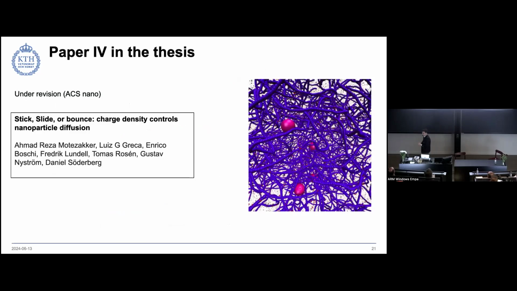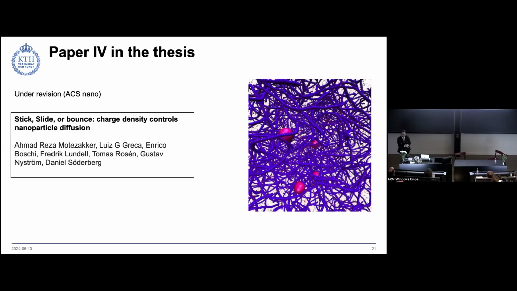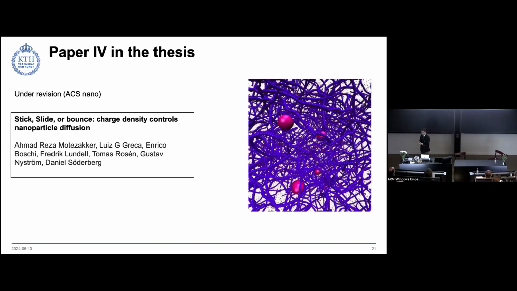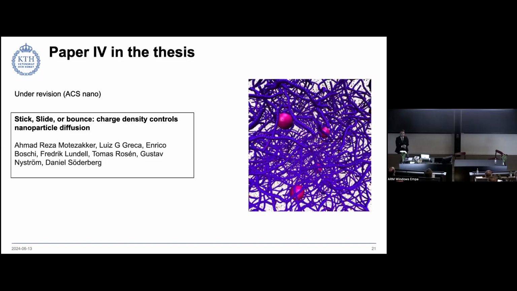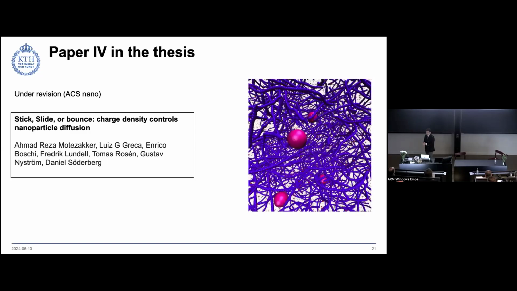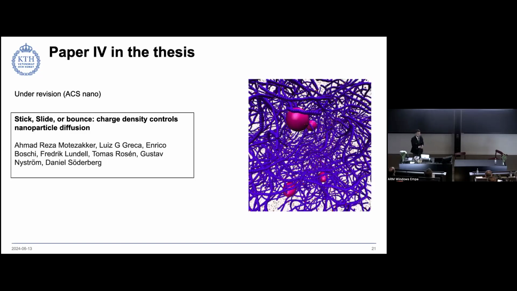So here I move to the second paper, or paper 4, in which we consider the effect of charges in the system. This paper is under revision in ACS Nano, and we got the first round of revision.